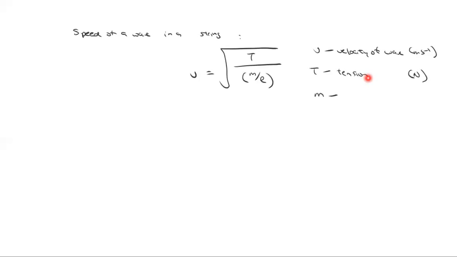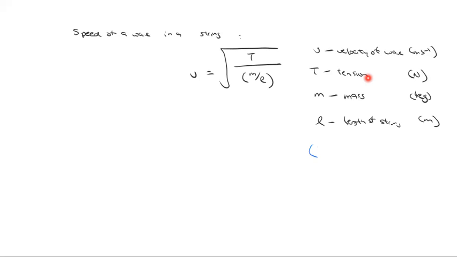Your m here is the mass of the string, in kilograms, and L here is the length of the string, which is in meters.